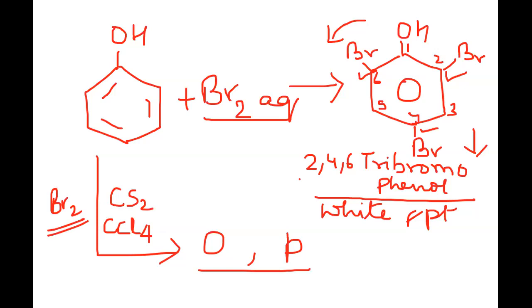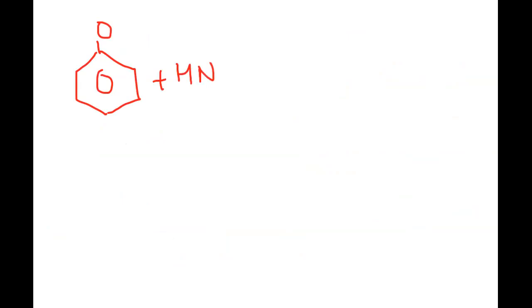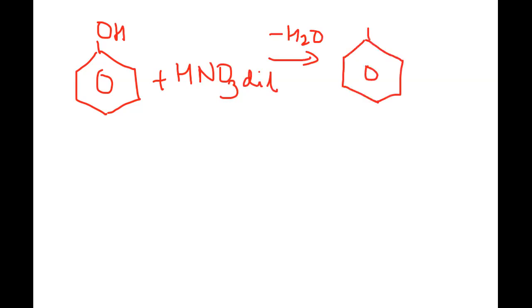Okay, the next is the nitration reaction. In the case of nitration reaction, if I take the phenol again, I'm going to treat this with HNO3, and if I'm taking the diluted form, then this is going to lose a water molecule and it is going to form either the ortho product or the para product. So the ortho product is going to be OH and this is going to be NO2.